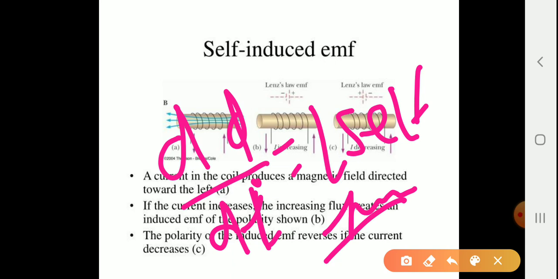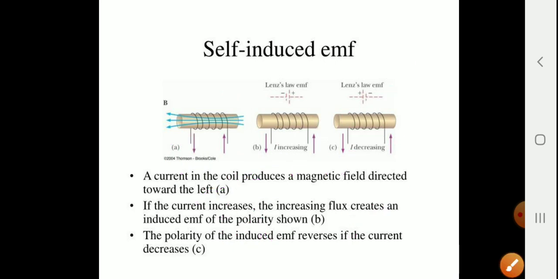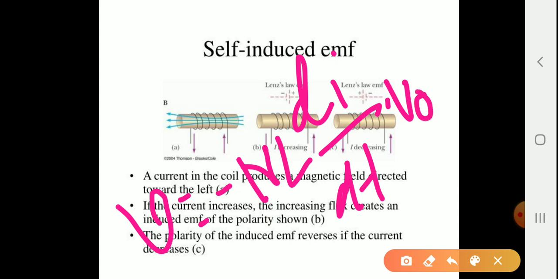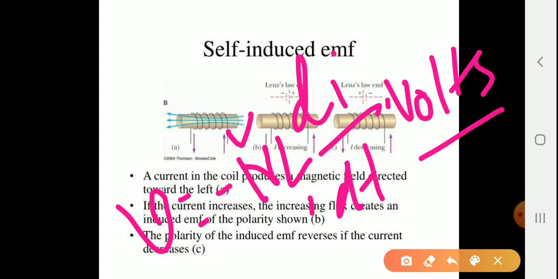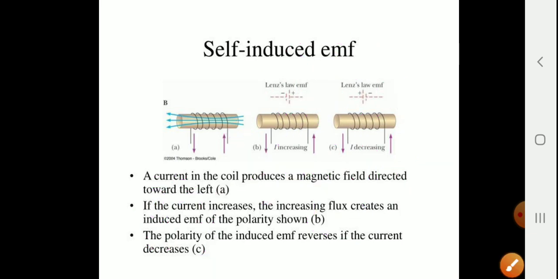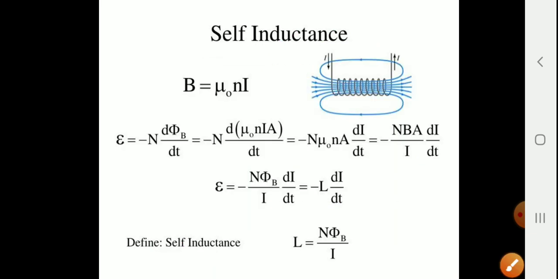So the voltage of self inductance is V equal to minus k L di over dt volts. Here N is the number of turns of the coil, L is the inductance, V is the voltage of self inductance, and di over dt is the rate of change of the current. This is the coil in which the current flow is increasing and decreasing.